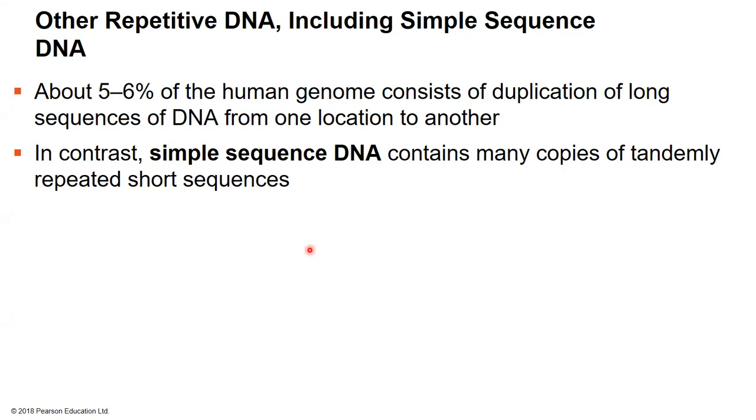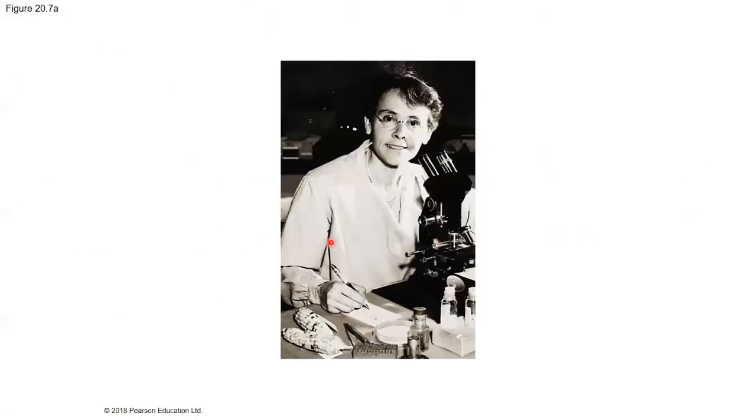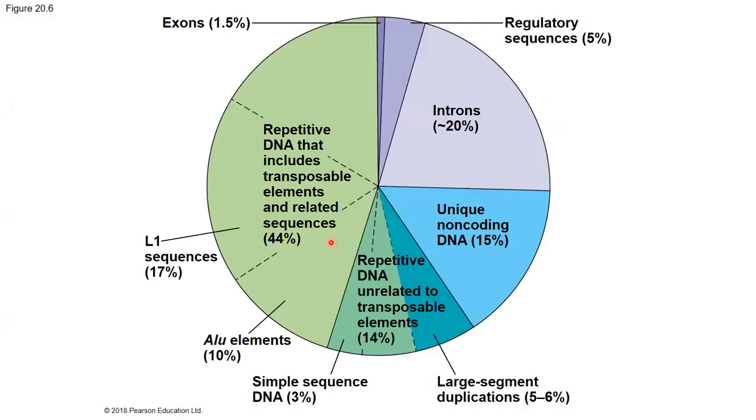As you saw in the previous lecture, almost 55 to 59% of our genome consists of repetitive sequences. So if I go back to this pie chart here, these repetitive sequences are divided into two major types.